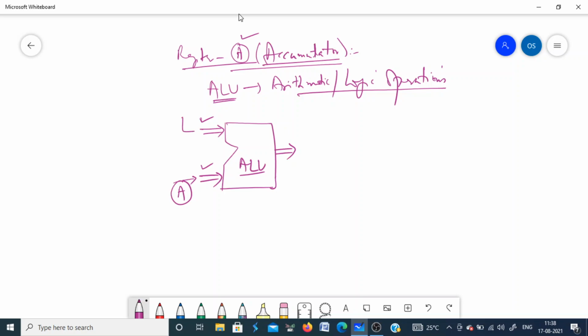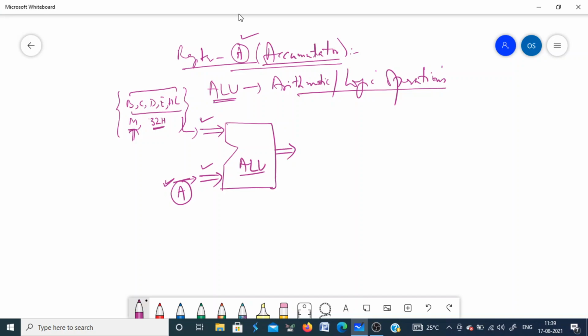The second operand can be in register B or C or D, E, H, L, or it can also be an 8-bit number located in some memory location, or you can directly supply an 8-bit number, which will come when you discuss the instruction move immediate. So you can find the arithmetic or logic operation between the 8-bit number stored in A and another number stored either in these general purpose registers, or in some memory location, or an immediate direct 8-bit number, suppose 32H.